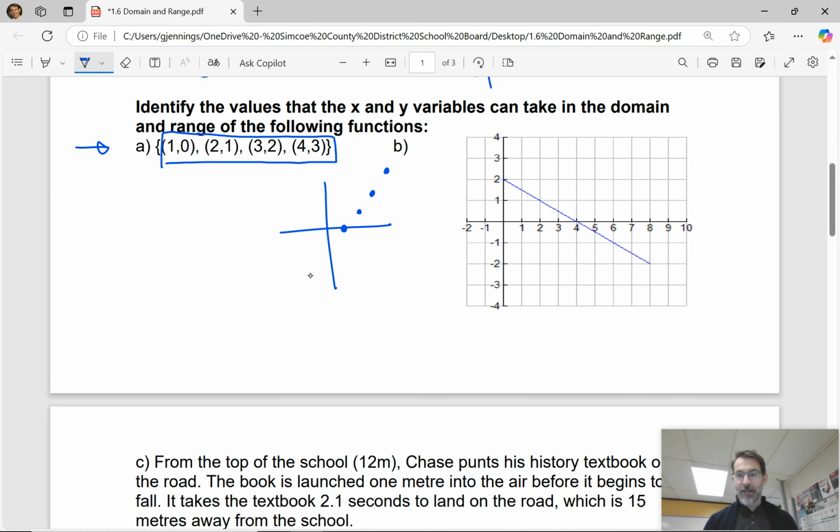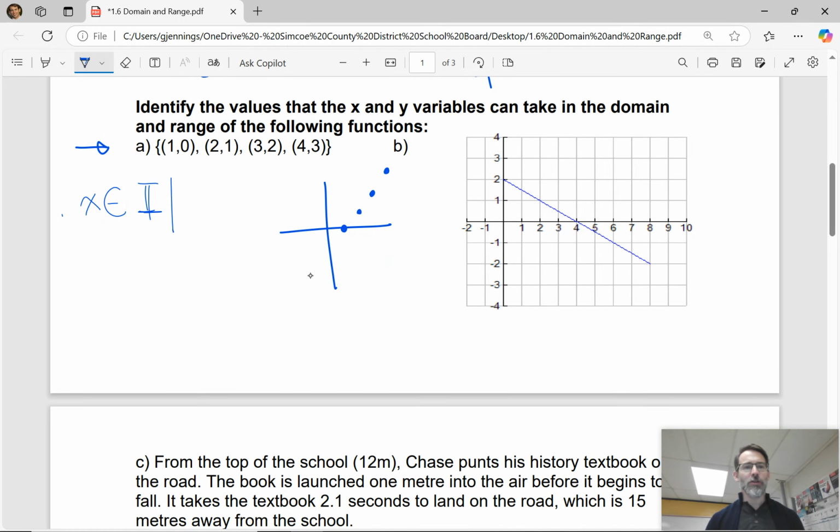It's a function because it passes the vertical line test, because none of these x values are repeated. They're all unique. So that's good. But we want to identify the domain and the range. This is the way we do it. We say that x is of the integers, and we can use a double-bold I there, or just say x is of the I, the integers.